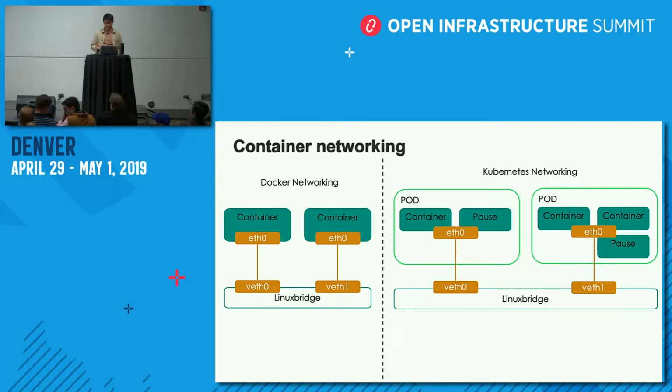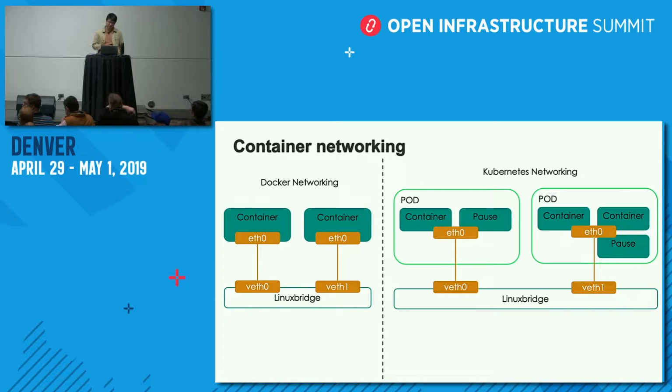Things are a little bit different in Kubernetes. Kubernetes groups several containers as a pod. All the containers in a pod share a unique network namespace and a network interface. To simplify the management, an extra pause container will be created along with the pod.